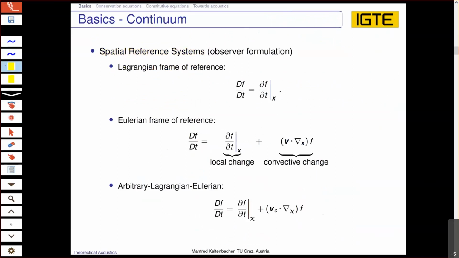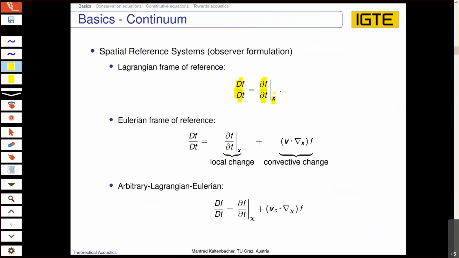Okay, in the different frames we have to look at what the total derivatives are of a general quantity, a general tensor. When we have a scalar, it's a tensor of zero order. You see for the Lagrangian frame, and that is important to realize, it is just a partial derivative, evaluated at this capital X, which are the coordinates in a Lagrangian frame.